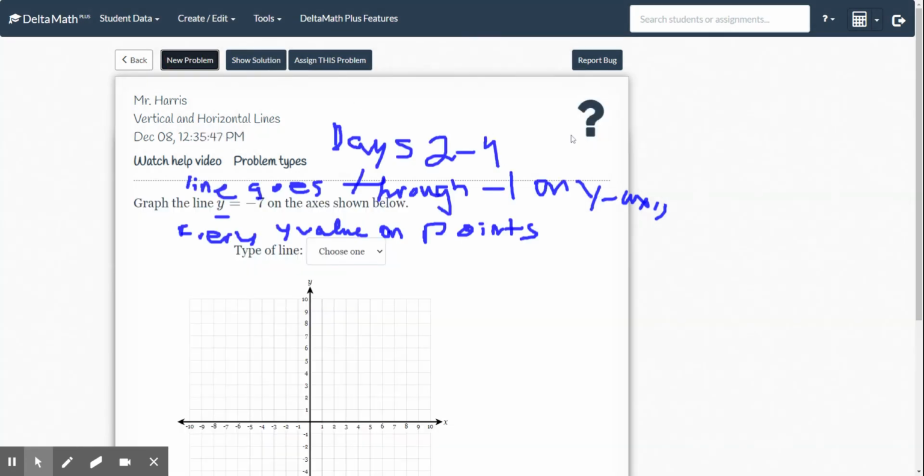So I'm going to let you guys try this problem here for me. This time we've got y equals negative 7. So we know it's going to go through -7 on the y-axis. What kind of line do we have? Well, it begins with y. We know it's going through the y-axis.